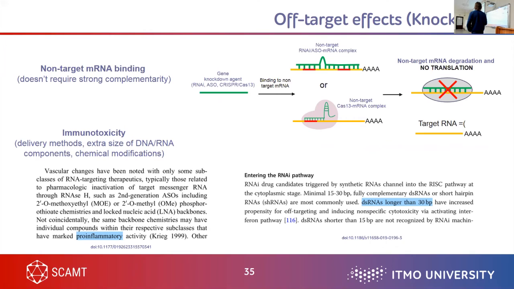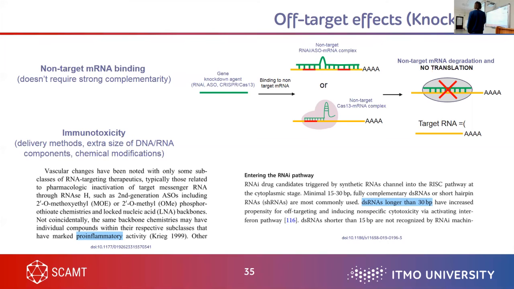So if double-stranded RNA is longer than 30 base pairs, it can increase off-target effect and can cause non-specific toxicity via activating the interferon pathway. And if we use antisense oligonucleotides with wrong chemical modifications, they can also cause pro-inflammatory activity.